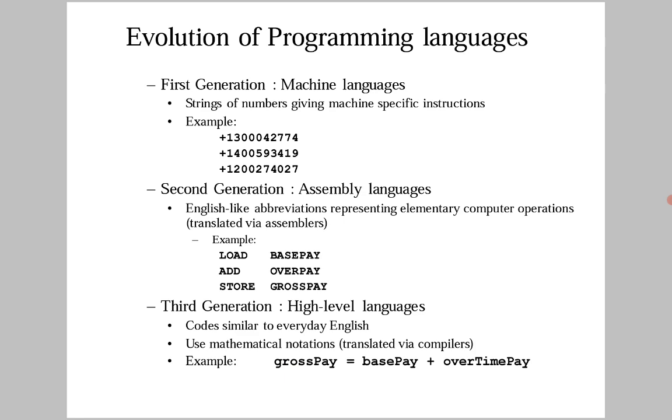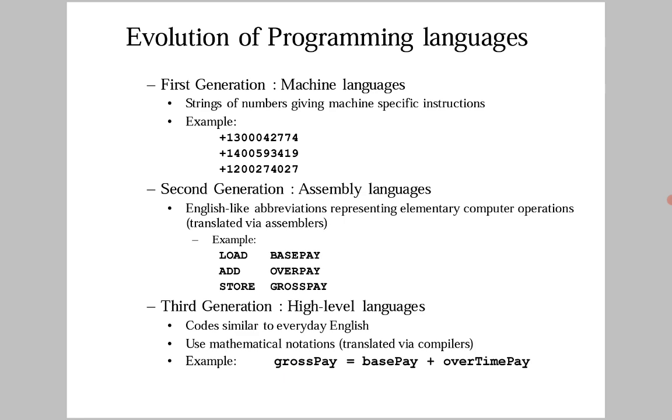So next, in the third generation computers, high level languages are coming. So what are high level languages? Basically, computer programming languages are categorized into three types: low level language, middle level language and high level language. Low level language means machine language or binary language.